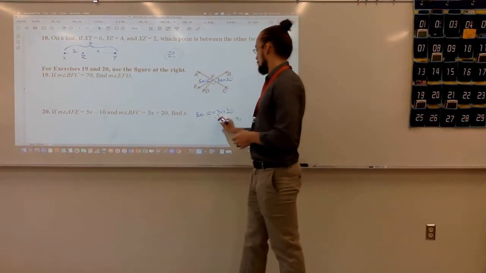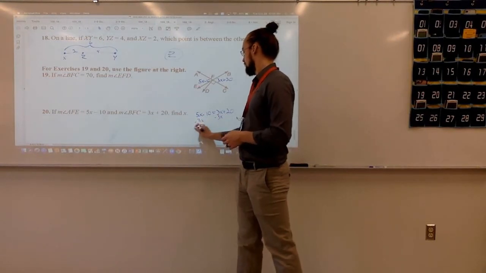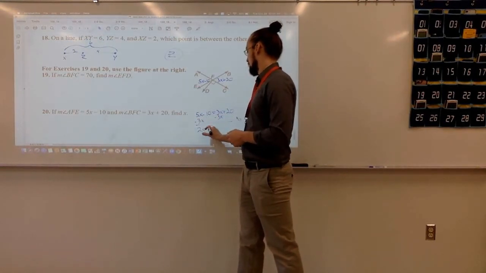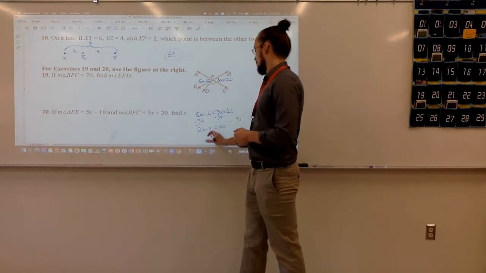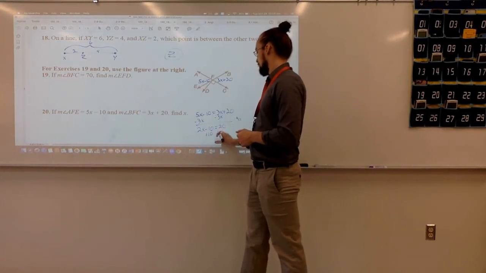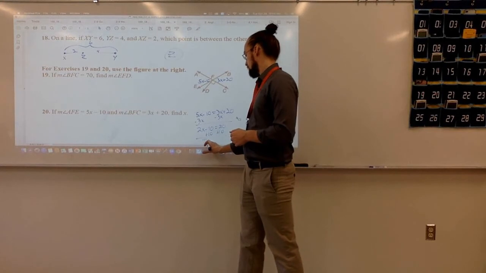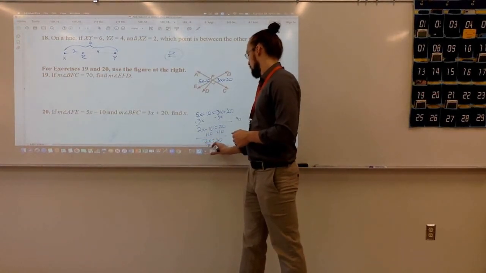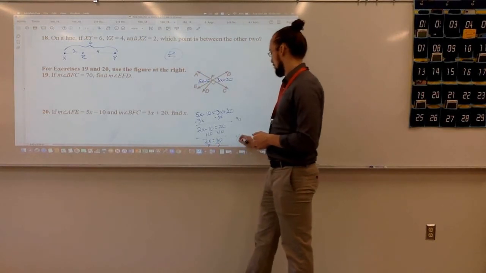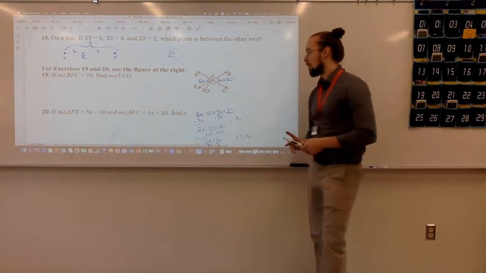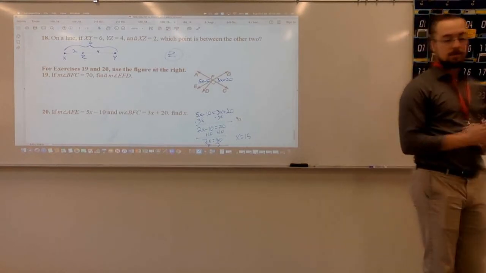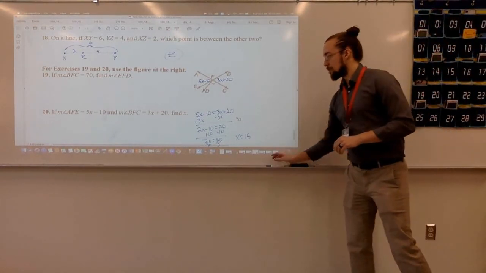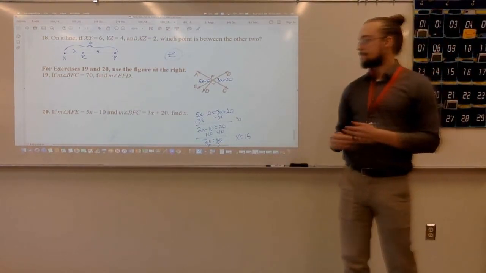Get the x on one side, the numbers onto the other side. Divide by 2, and we get x equals 15. And that is my final answer, because it just says find x.